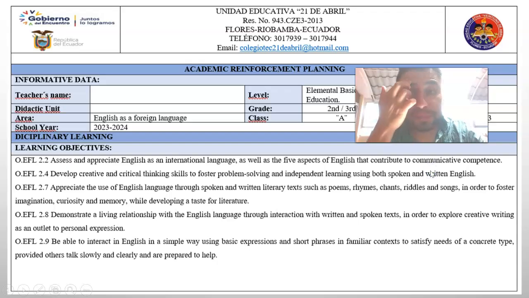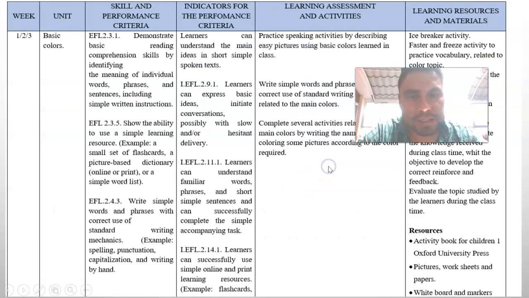I work as a teacher and I would like to share my lesson planning. This is a lesson planning from my high school. As I told you, I work as an English teacher. In this planning, we have all the aspects and all of the elements that as a teacher we have to prepare for our class. For example, the learning objectives, the class time, all of the learning styles.